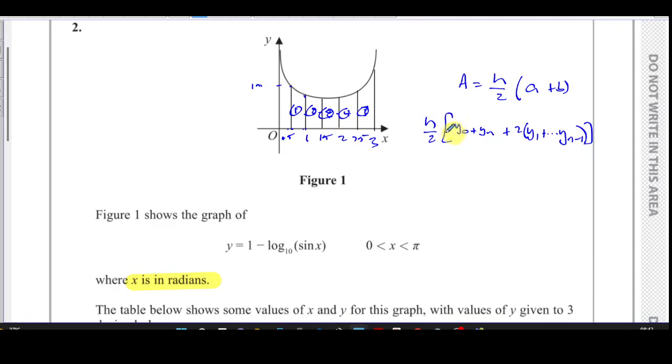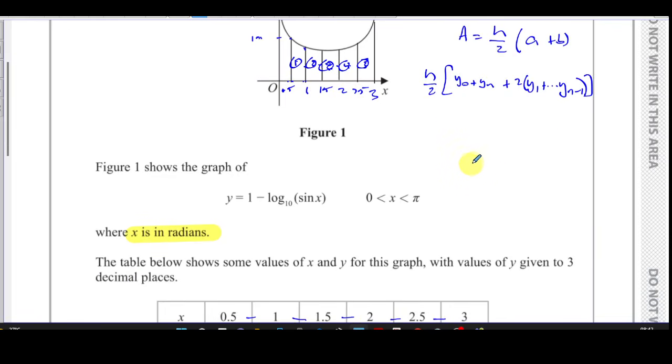So the formula for the trapezium rule is based upon that. You'll find the trapezium rule formula in the formula book, but it's much easier to understand what's happening in this way.